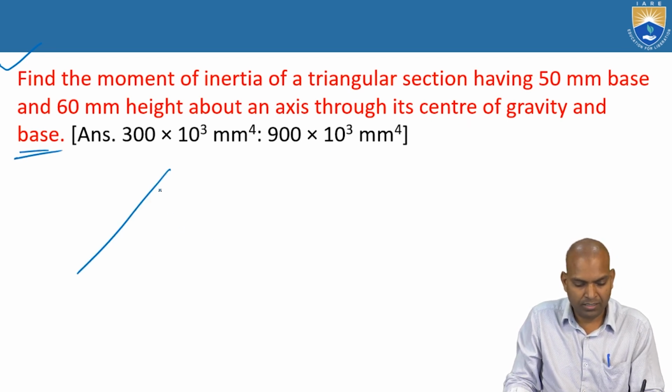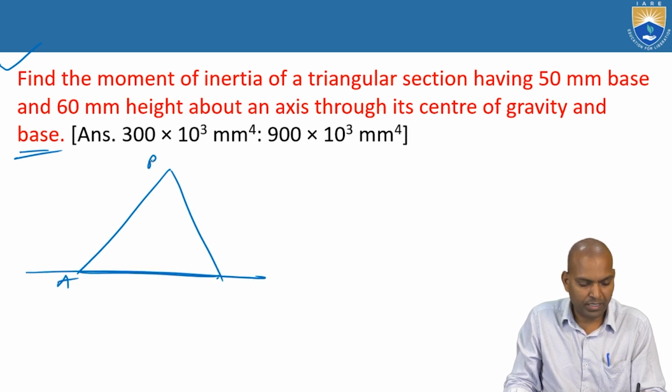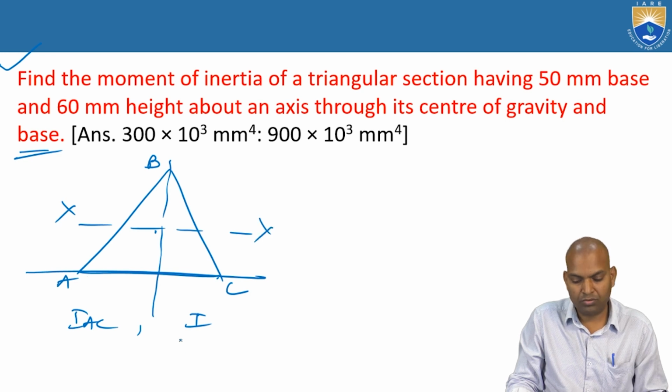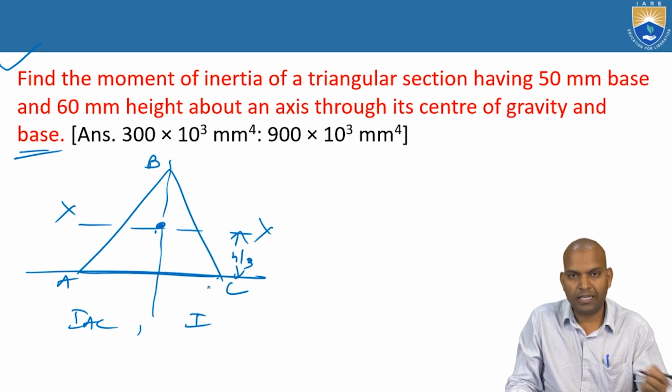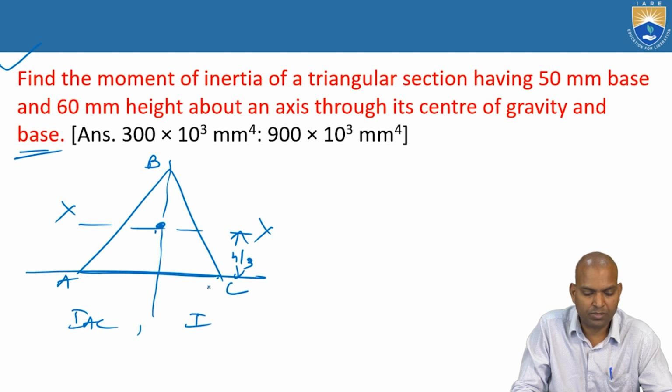There is a triangle ABC; about the base we want IAC, and another one is IG, parallel to the centroidal axis, parallel to the base. So what about the G value here? G is at H by 3 from here. We already derived expressions in previous sessions; by using those expressions you can solve this.